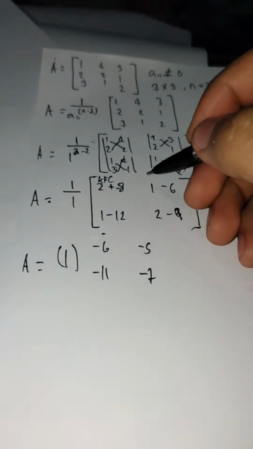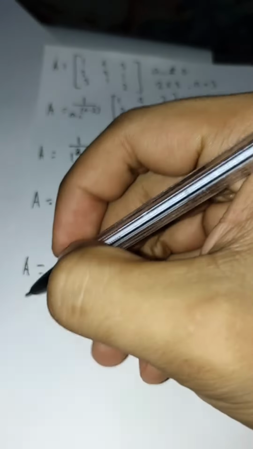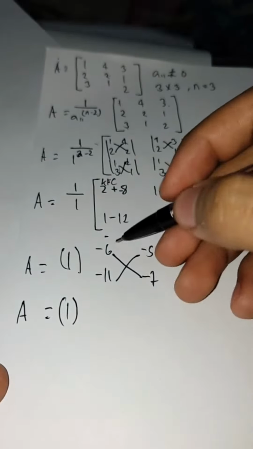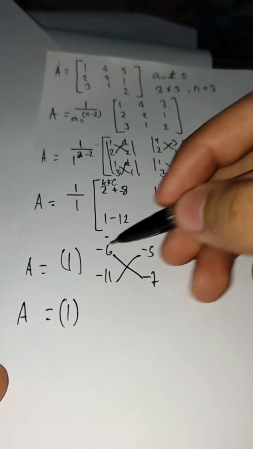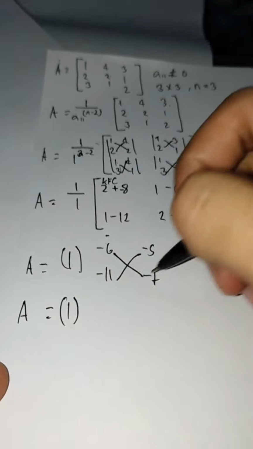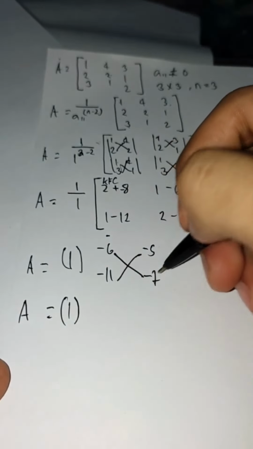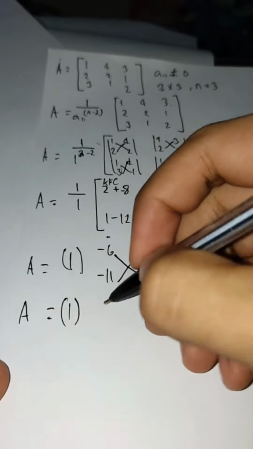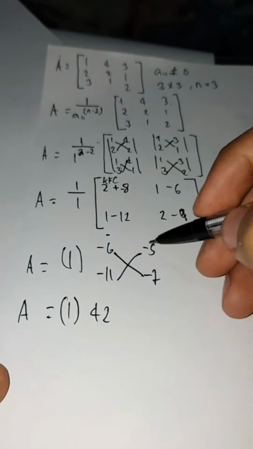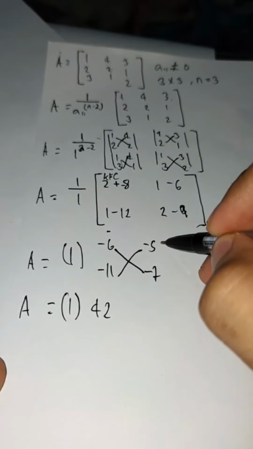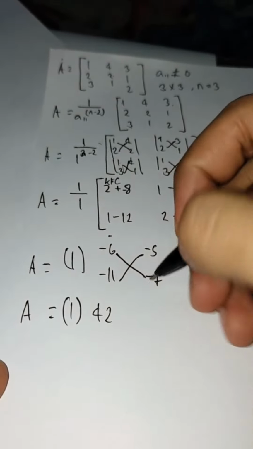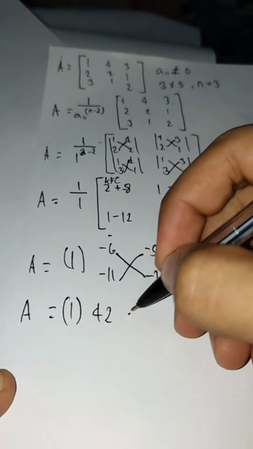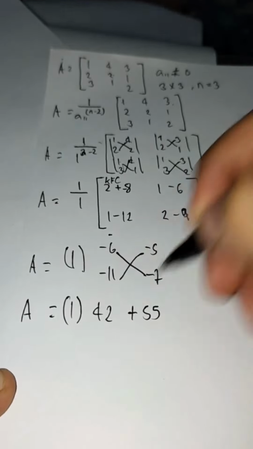So next tayo. Tapos nyan, cross multiply ulit tayo. So A is equals to 1. Then negative 6 times negative 7 is 42. So magiging positive yan. Kasi same sila negative. 42. And then negative 11 times negative 5 is 55. Positive.